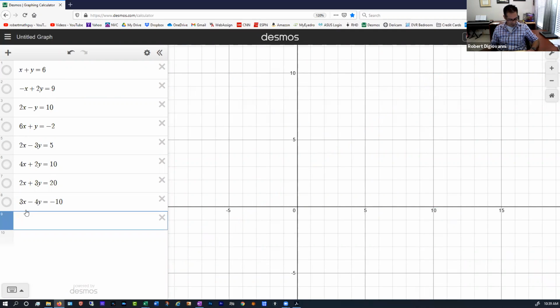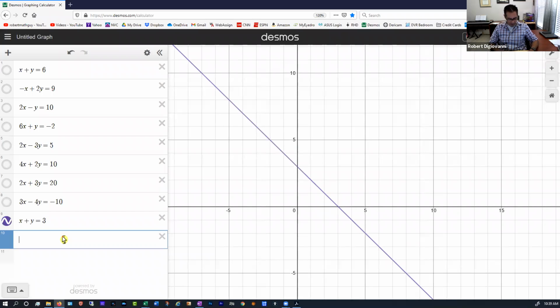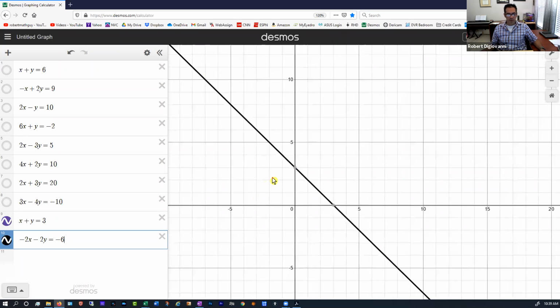So here's the graph of the first one. It was x plus y equals 3, I think. I forgot already. Yeah. And then the other equation, you ready for this one? Negative 2x minus 2y equals negative 6. You ready? Here it comes. Did y'all see what happened?